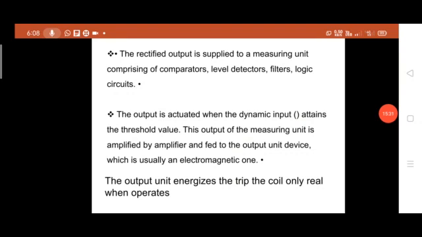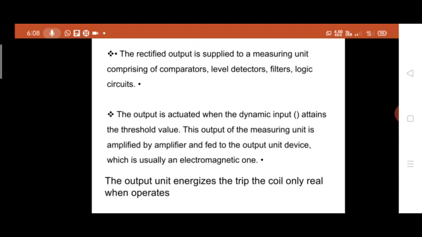The rectified output is supplied to a measuring unit comprising comparators, level detectors, filters, and logic circuits. The output is actuated when the dynamic input attains the threshold value.